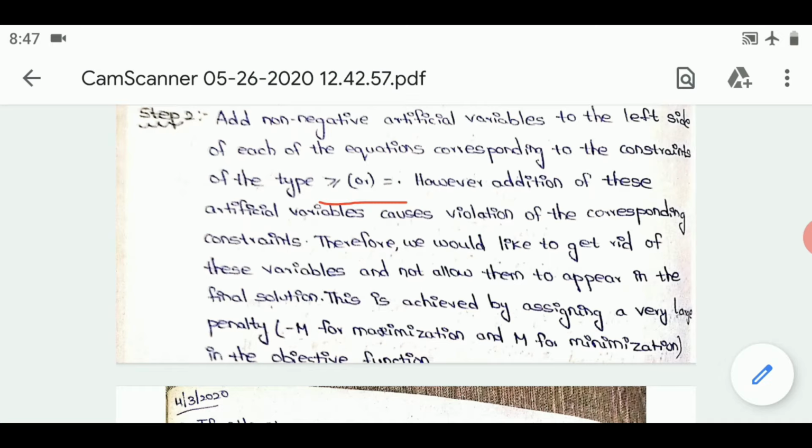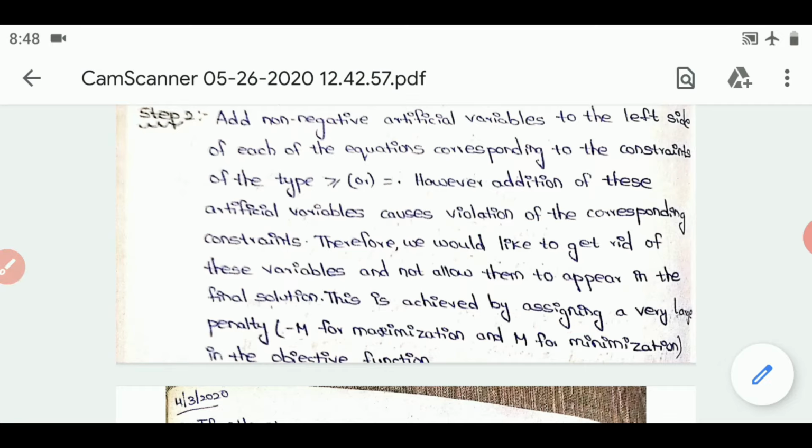That is also a positive artificial variable we will add in the constraints in order to make the inequality constraints into equations. And in the same way, in the objective function we will add a penalty value to the artificial variable. This is all about it, and the next procedure is the same as what we follow in the simplex method.